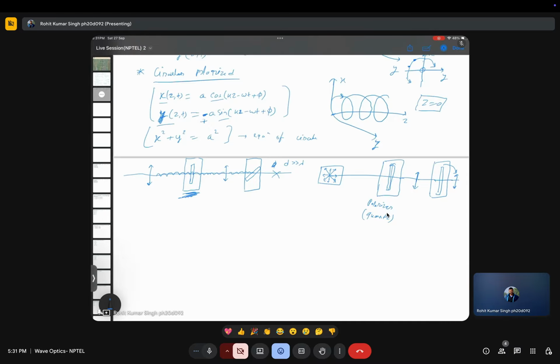So suppose you have one polarizer here, and you have another polarizer on top of it, and you have light coming from the bottom, okay? If you keep it like this, you can see the bright light. But when you start rotating it a little bit, the light will become dim, and when you keep it like this, there will be no light.